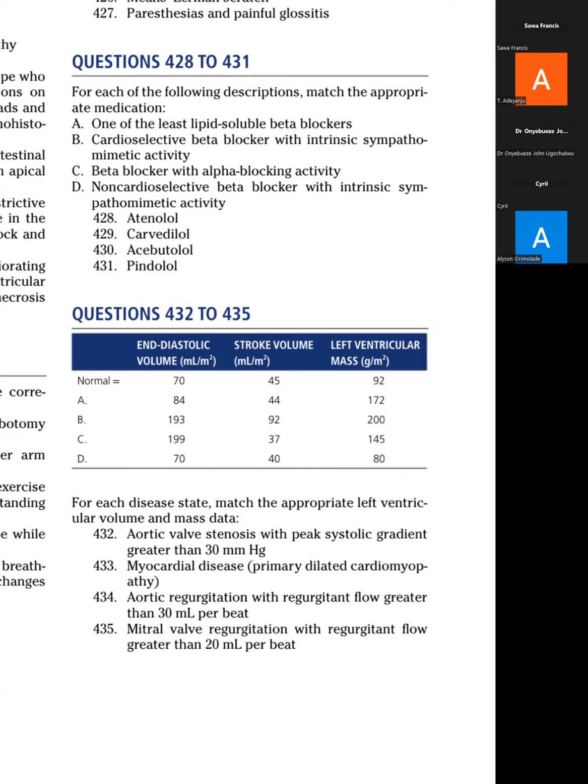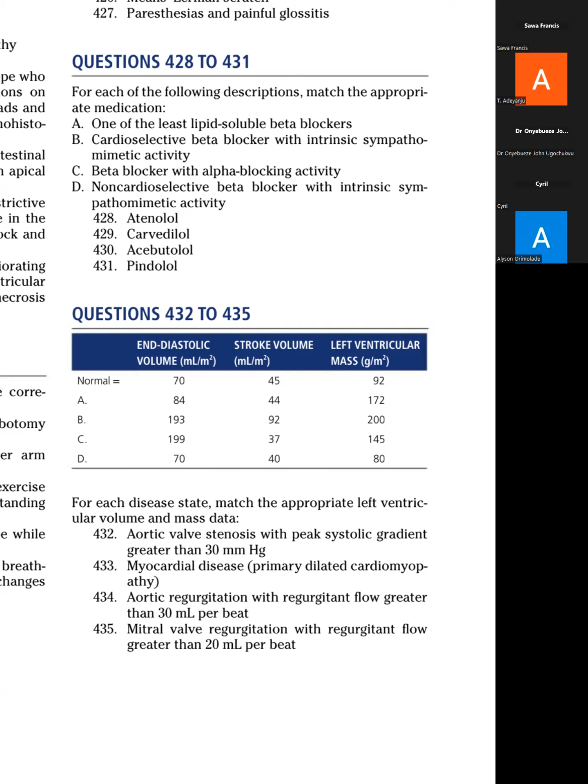Okay. B, we have end diastolic volume as 193, stroke volume as 92, and left ventricular mass as 200. C, end diastolic volume as 199, stroke volume as 37, and left ventricular mass as 145.